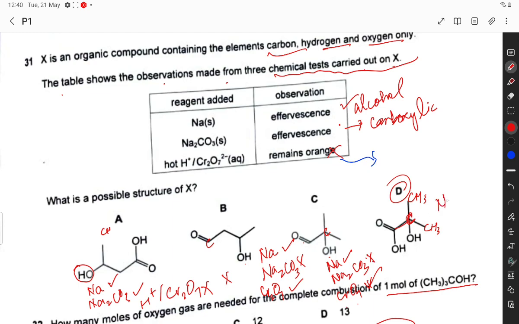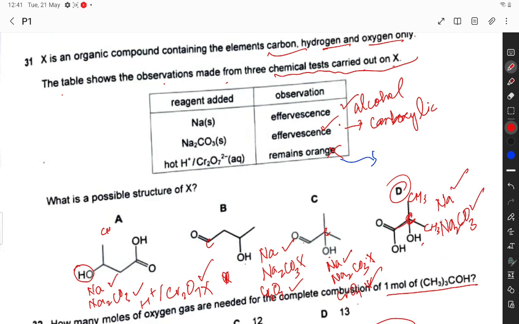Sodium can react because an alcohol is there, and sodium carbonate is correct. It can react. So this test is correct.